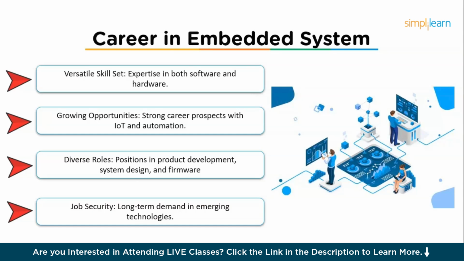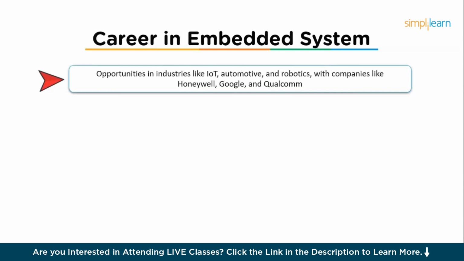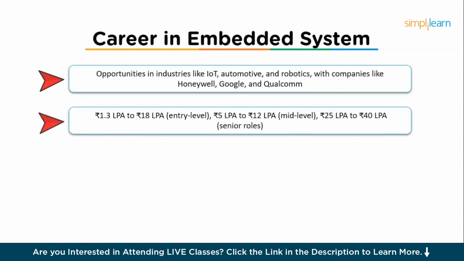So then we have high demand in industries like IoT, automotive, and robotics, with companies like Honeywell, Google, and Qualcomm hiring engineers. Then the salary range is 1.3 LPA to 18 LPA as an entry-level engineer, 5 LPA to 12 LPA as a mid-level engineer, and finally 25 LPA to 40 LPA in senior roles.